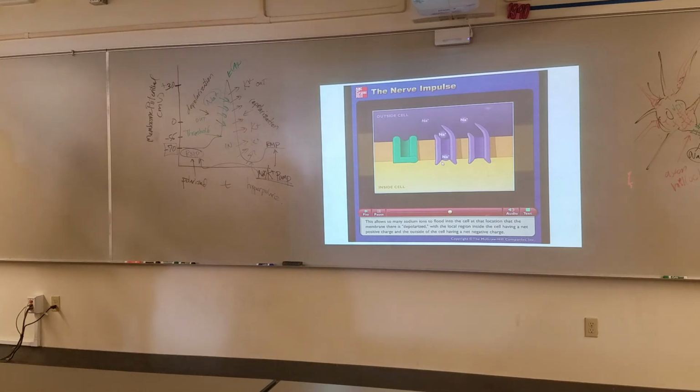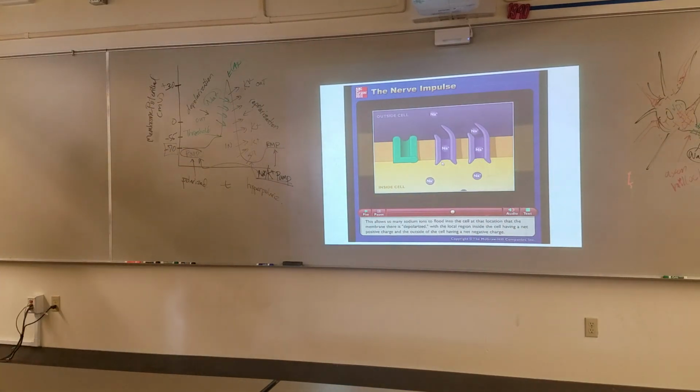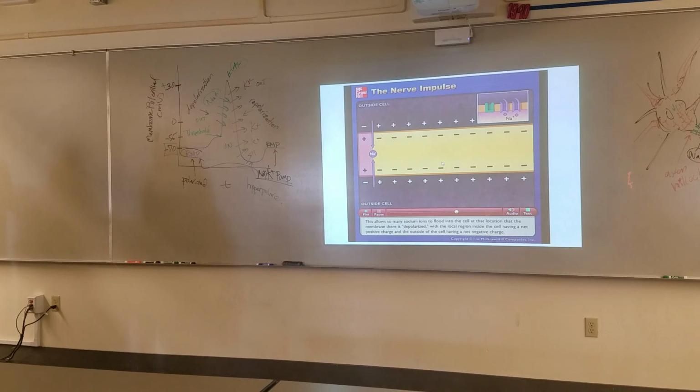This allows so many sodium ions to flood into the cell at that location that the membrane there is depolarized, with the local region inside the cell having a net positive charge and the outside of the cell having a net negative charge. This affects neighboring voltage-gated sodium channels, which then open, moving depolarization along the membrane. This moving depolarization is called an action potential.